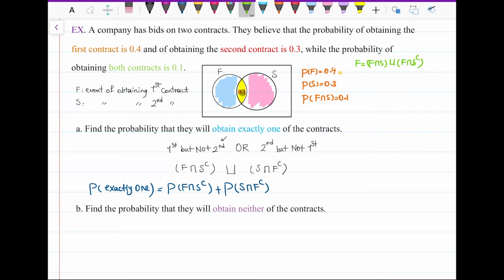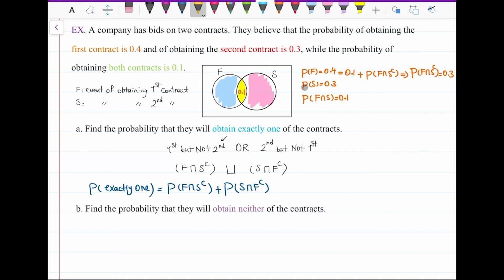Since these two are mutually exclusive, since these two are disjoint, I can write probability of F as their summation. It would be the intersection 0.1 plus probability of the blue area, F intersection with S complement. Therefore, the probability that I'm looking for, F intersection with S complement, is 0.4 minus 0.1, which is 0.3.